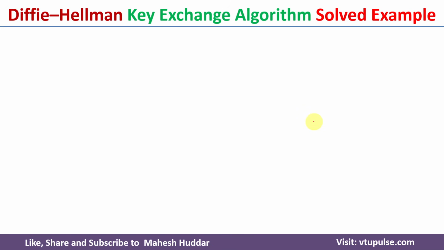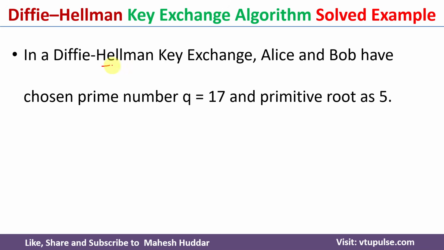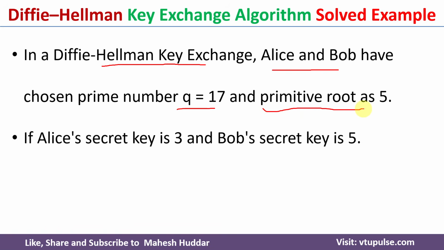To understand the Diffie-Hellman Key Exchange algorithm, now we will take one simple example. Alice and Bob have chosen a prime number Q = 17 and primitive root G = 5, and Alice's secret key is 3 and Bob's secret key is 5.